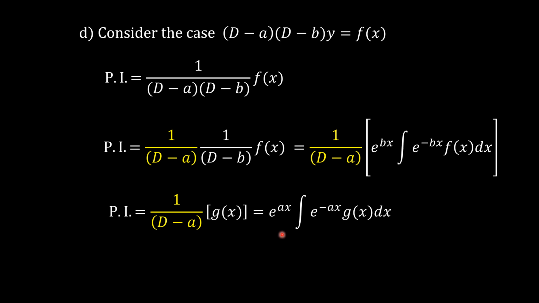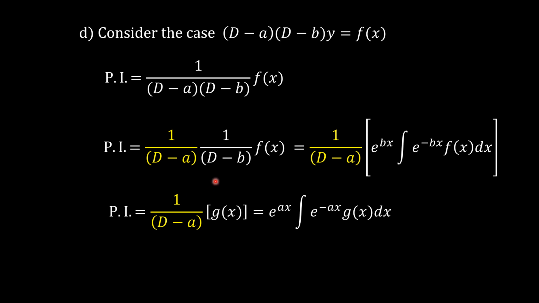Again use the first case. So that will give us e raised to ax into integration of e raised to minus ax g of x dx. So in this way, whenever the product of linear factors is there, we are going to operate them one by one on the given function f of x, and in this way we can evaluate the particular integral.